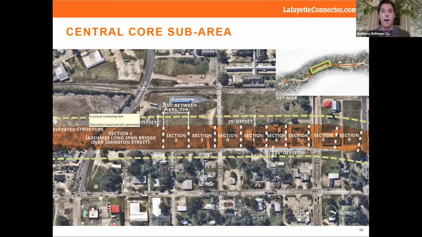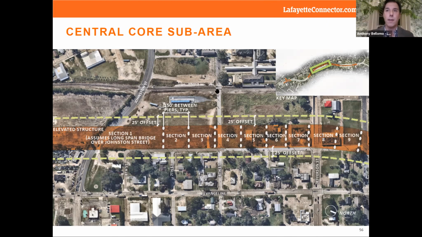And I know that, during workshop 2, we talked about the potential signature element that might span Johnston. And so there's a potential that in this area, you don't have the 150 feet between piers, but you have a much greater area. And that's meaningful to what you can do underneath it. So that's why we're pointing out this zone.